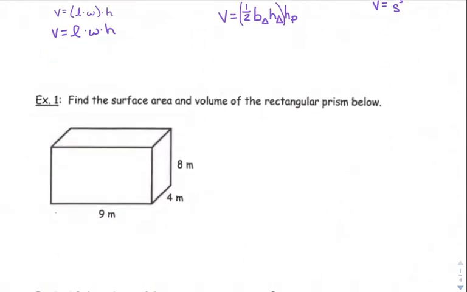In the first example, it says find the surface area and volume of the rectangular prism below. I'm going to give you a minute. Surface area was yesterday's lesson, so try it right now.